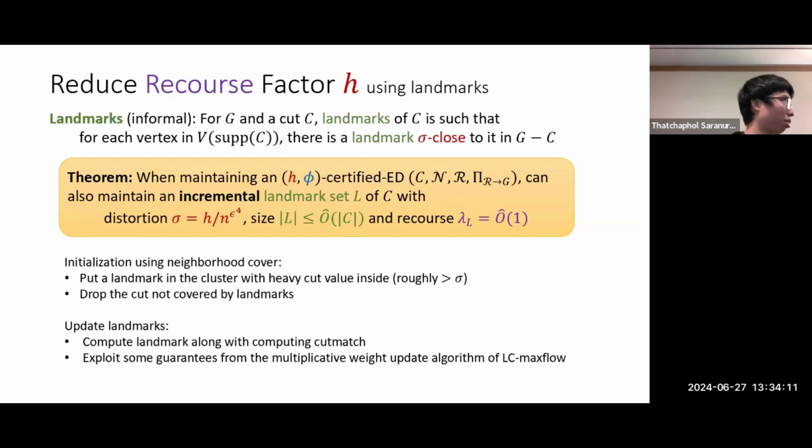So it is roughly linear in the size of the cut, and the recourse of the landmarks is close to constant. Here are some high-level ideas of how to initialize and update these landmarks, but because of time, I will skip this.